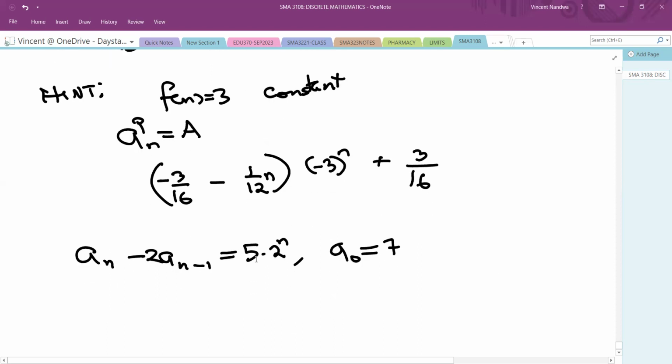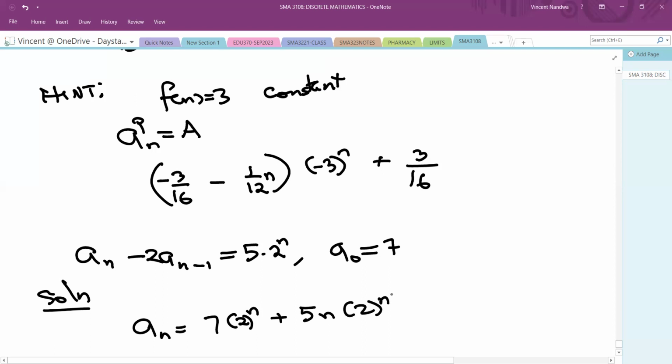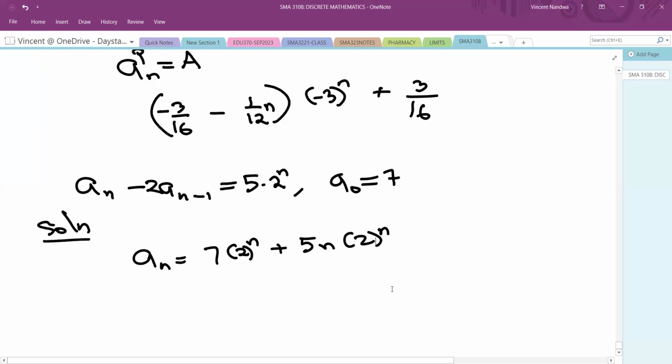So when you work it out, you will find that the solution here is a_n equals 7 times 2 power n plus 5n times 2 raised to power n.